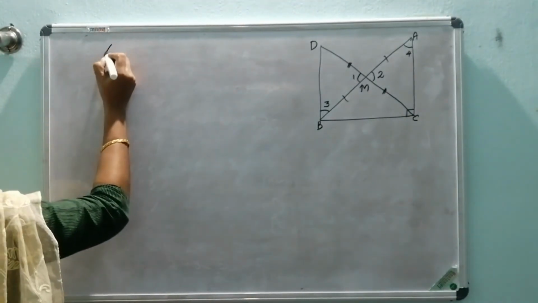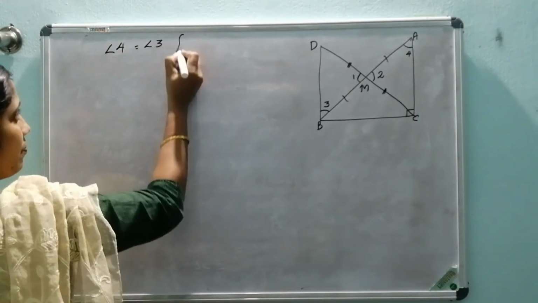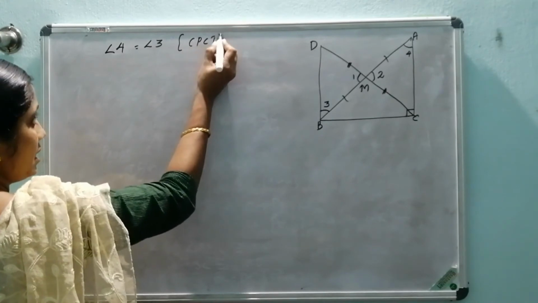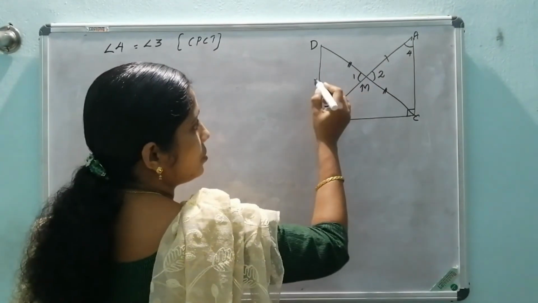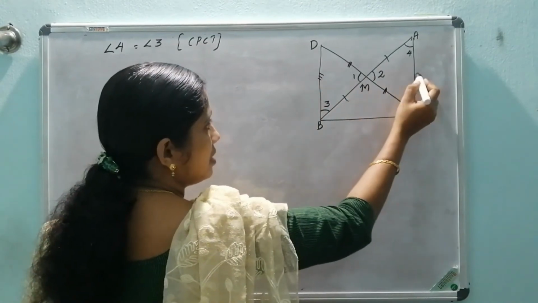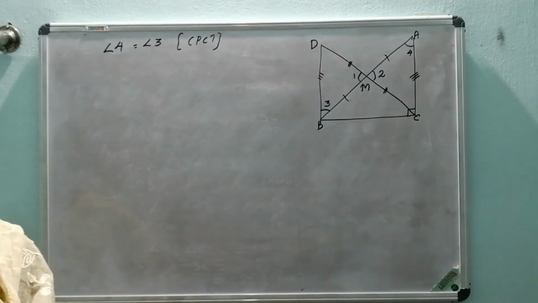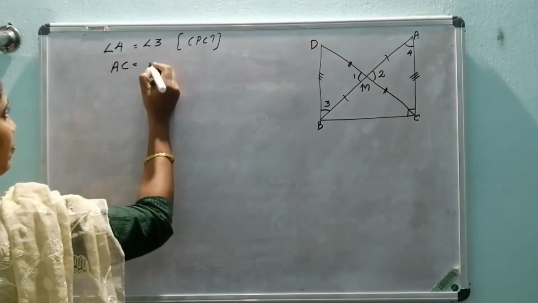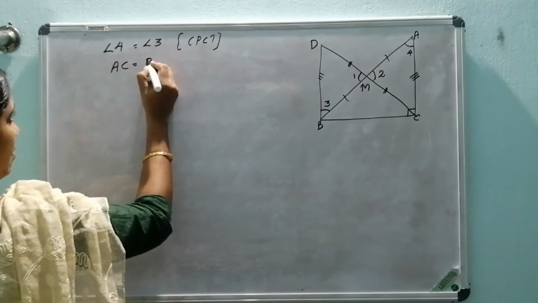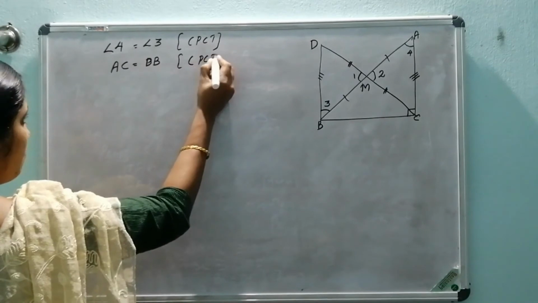So we can write angle 4 is equal to angle 3. Reason, CPCT. In the same way we can also say that these two sides are equal, since the triangles are congruent and the corresponding sides and angles will be equal. So we can say that AC is equal to DB. That is also by CPCT.